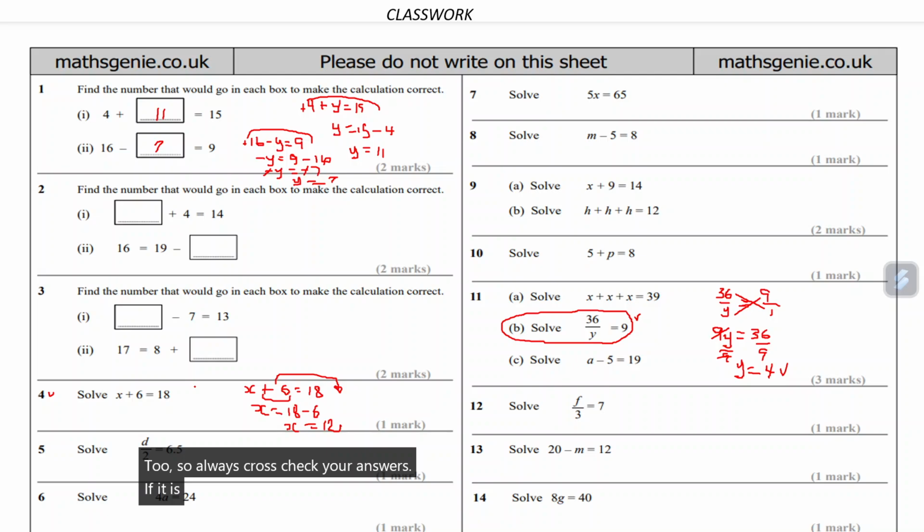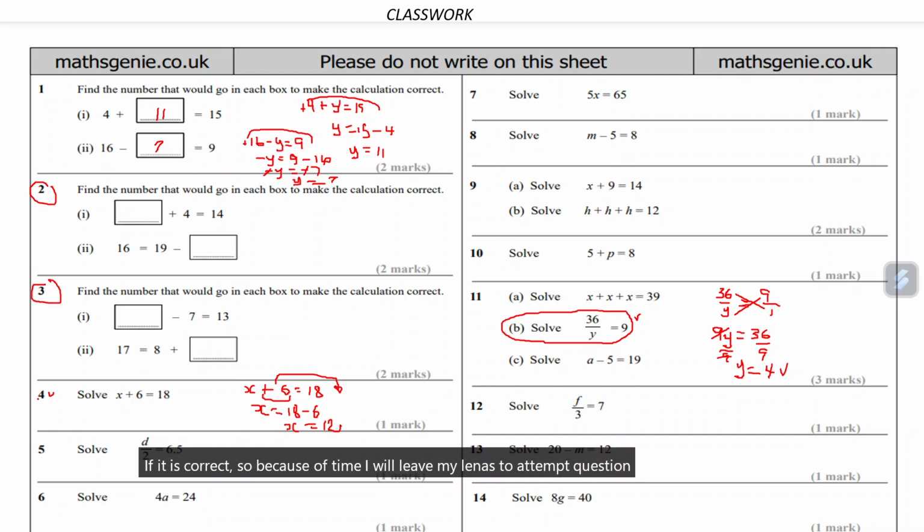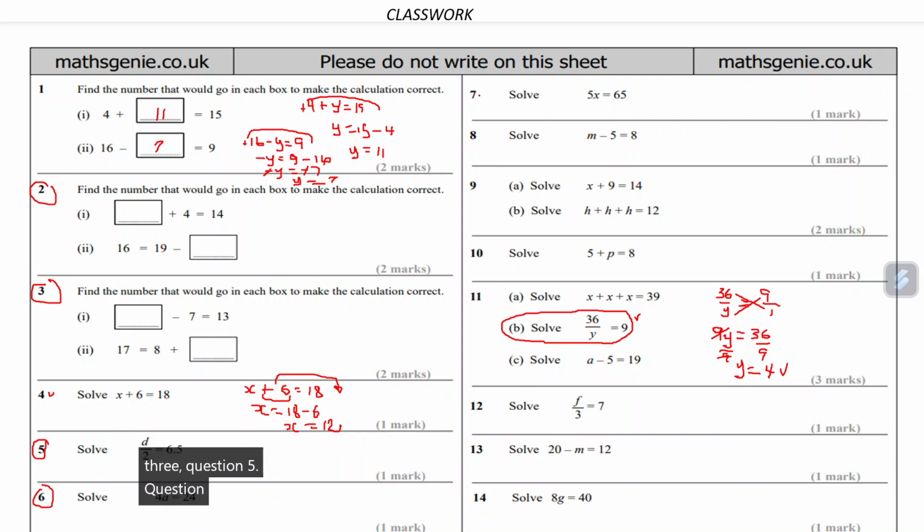So because of time, I will leave my learners to attempt question 2, question 3, question 5, question 6, 7, 8, 9, 10, 11, 12, 13, 14, 11A and 11C.